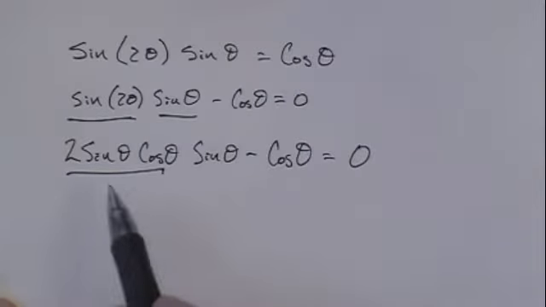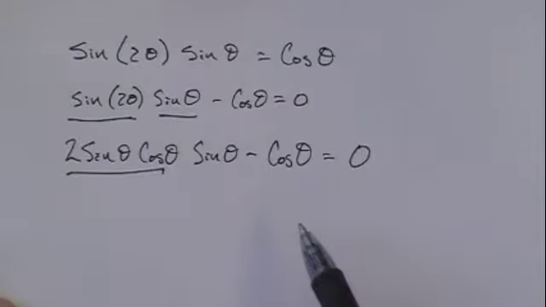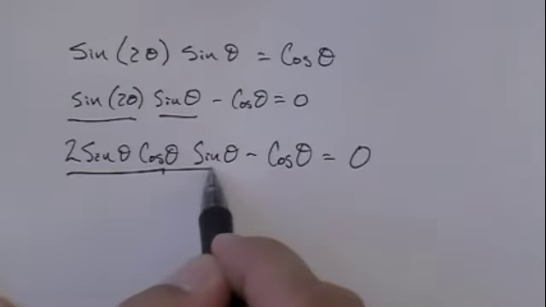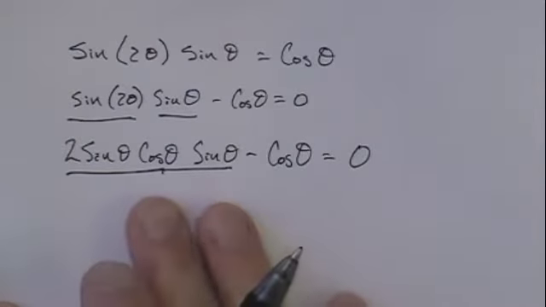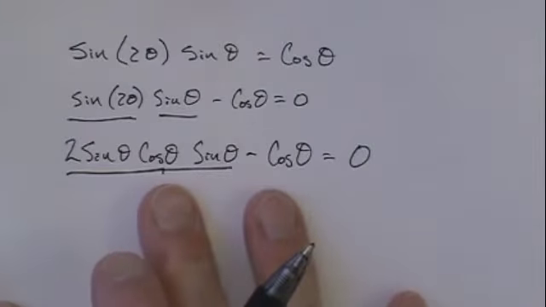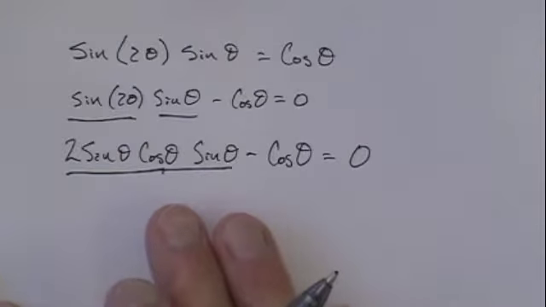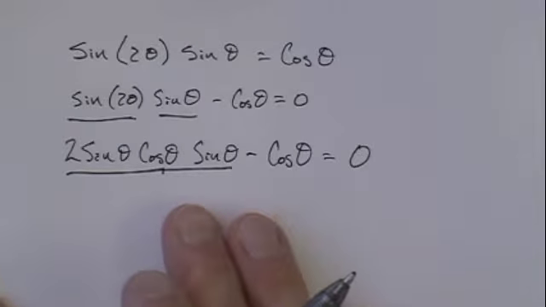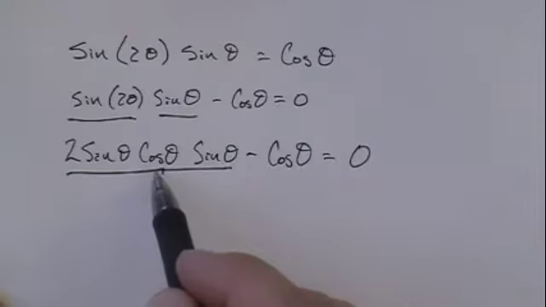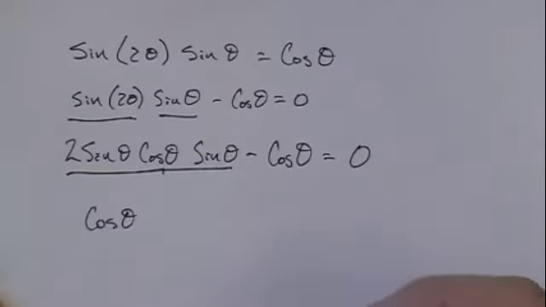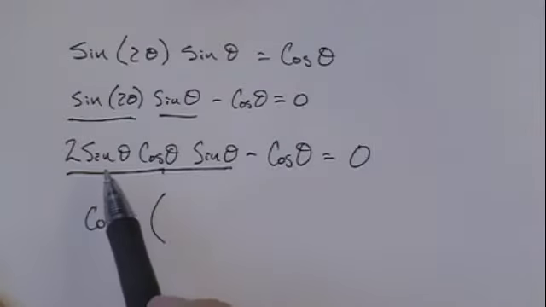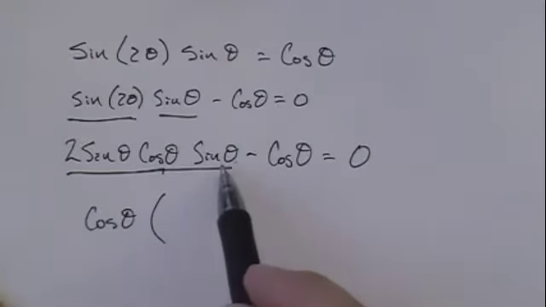Now one thing we can do here is factor. As far as having our sines and our cosines all together here, we won't be able to solve for anything like that. We'd need to have just one trig function in a quantity to be able to solve this. But if we factor out a cosine, so now I have 2 sine theta times sine of theta.